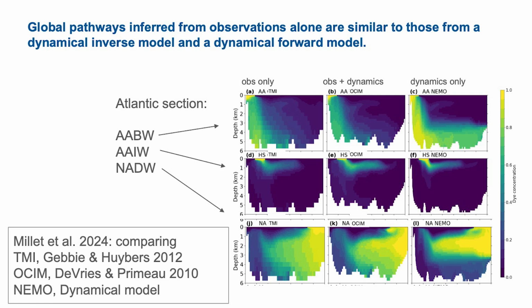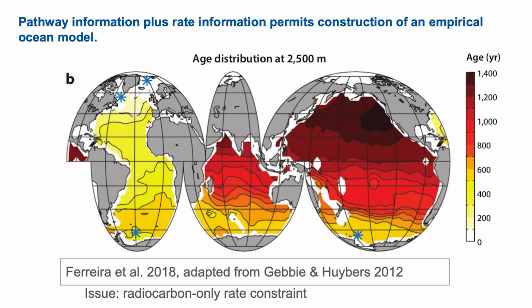Okay, so it seems like we can apply a similar method to the global ocean. Here's the innovation of this part. If you take that pathway information, pathways I'm taking here to be synonymous with how much water exists in different parts of the ocean, and then just add rate information, in this case from radiocarbon, so radiocarbon of DIC, it permits construction of an empirical ocean model.